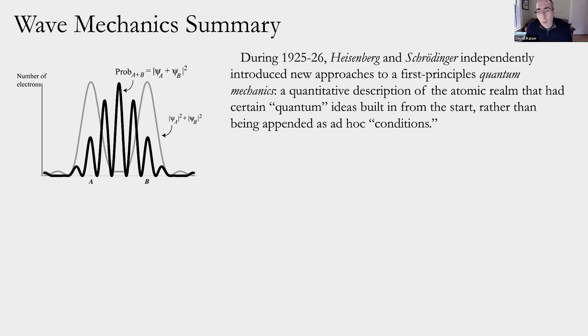So you're looking for this quantitative description of the atomic realm that had certain quantum ideas built in from the start, discrete spectral lines from excited atoms, de Broglie matter waves, and so on, rather than stapling these on at the end.